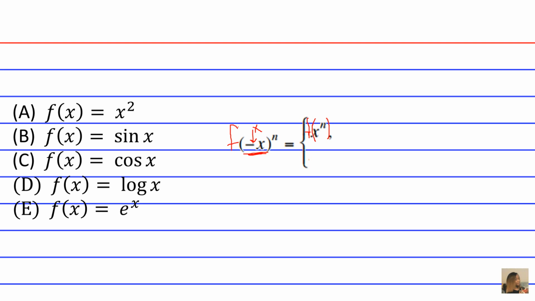So if f of negative x is equivalent to f of x, so if these two are the same thing, the same answer, then the function is even. But if f of negative x equals negative f of x, can you guess what the function is going to be?